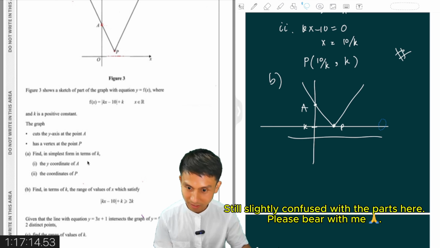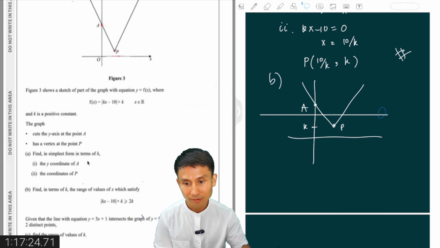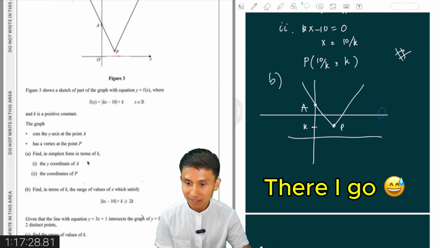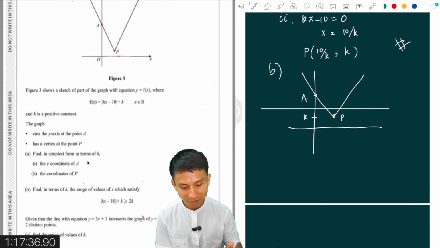This is where it cuts once, so that's just what we want, greater. Wait, sorry, this is question B. Okay, 2k is somewhere there. So yeah, we have two intersections here.